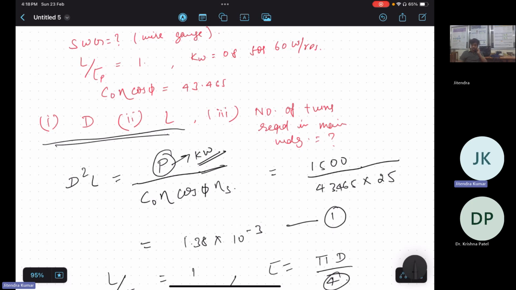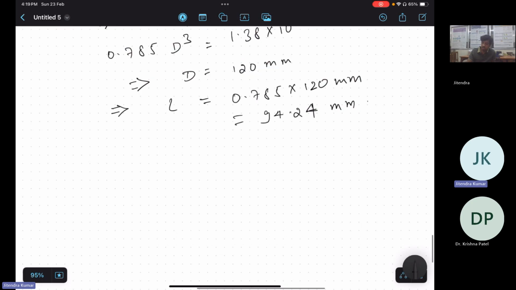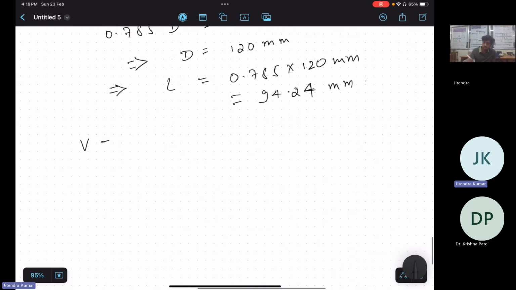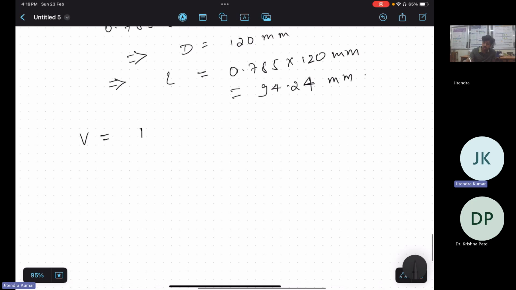When you are given the voltage, winding factor, everything, then there is one equation, V is equal to 4.44 f Φ N Kw, isn't it? So for the turns equation, voltage is equal to 4.44 f Φ N, where N is the number of turns.